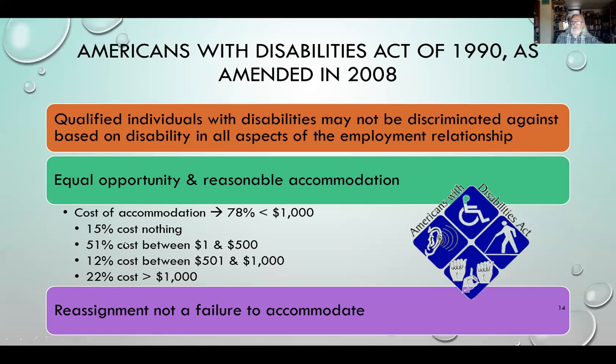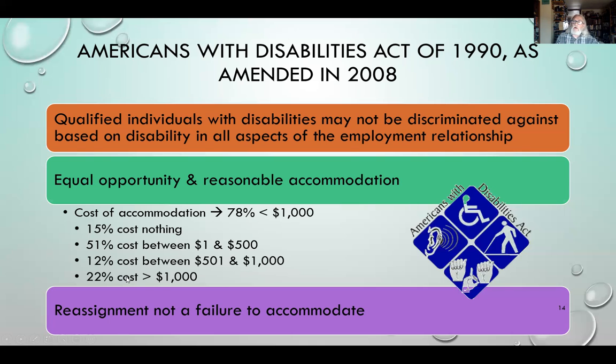That might be a change of schedule, moving some physical things around. Just slightly over half, 1% over half, cost between $1 and $500. So you can see these are not onerous costs that our employers are having to undergo. 12% do cost between $501 and $1,000, but that is by far the smallest part.